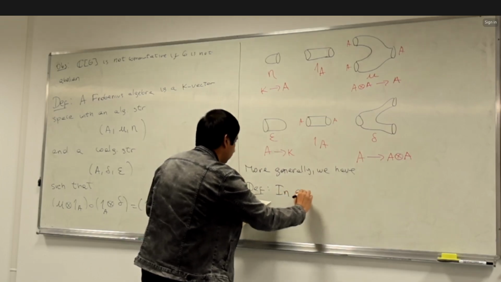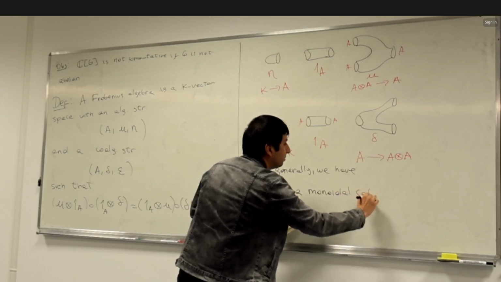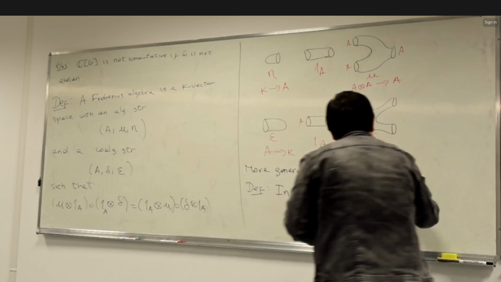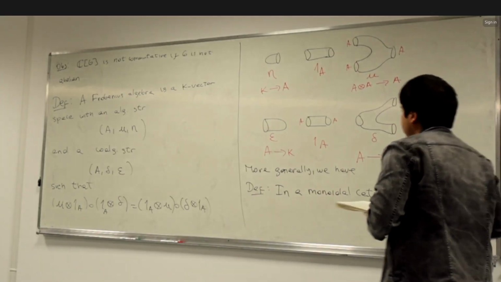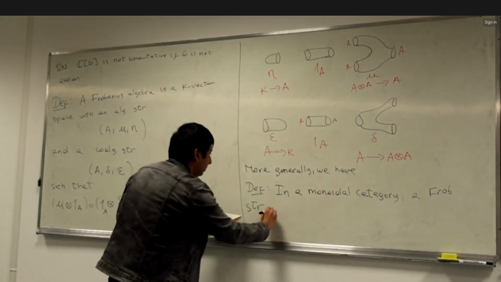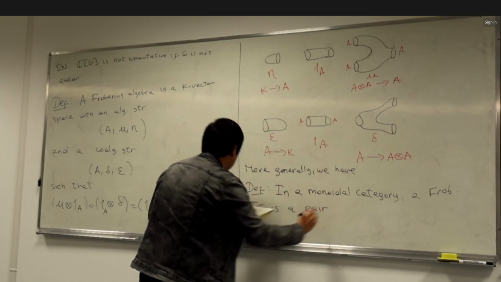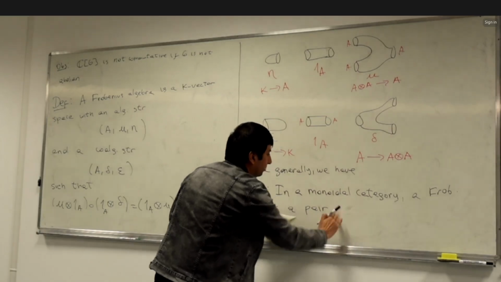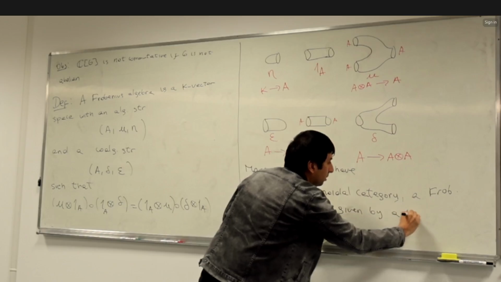In a monoidal category, a Frobenius structure is a pair given by a monoid.